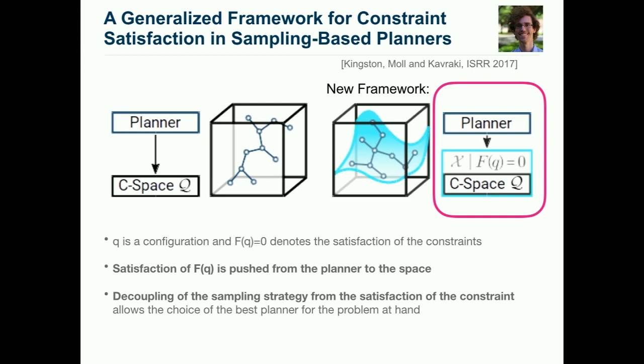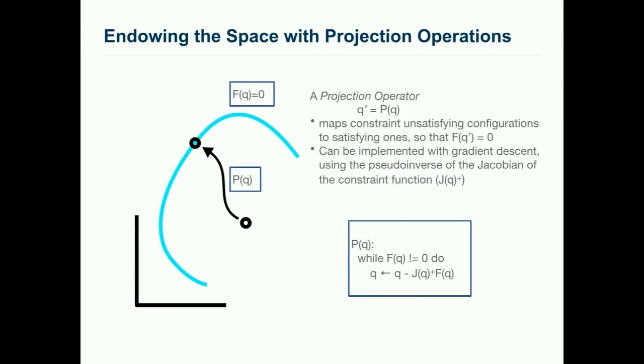So this gives you the option to use the best planner for your particular task and to still have satisfaction of constraints. And this can be done by endowing the space with projection operations, and we understand now that we can project a point to a constraint manifold, with gradient descent, for example, using the pseudo-inverse of the Jacobian of the constraint function.